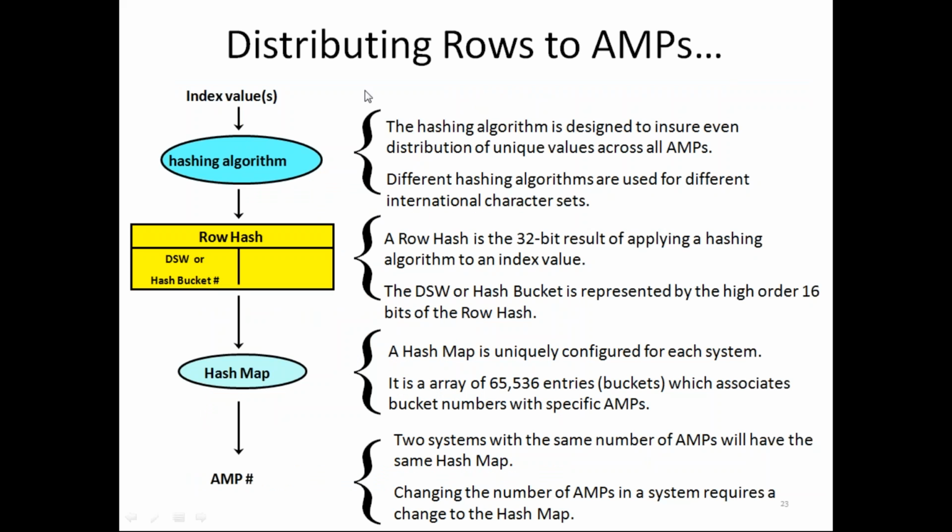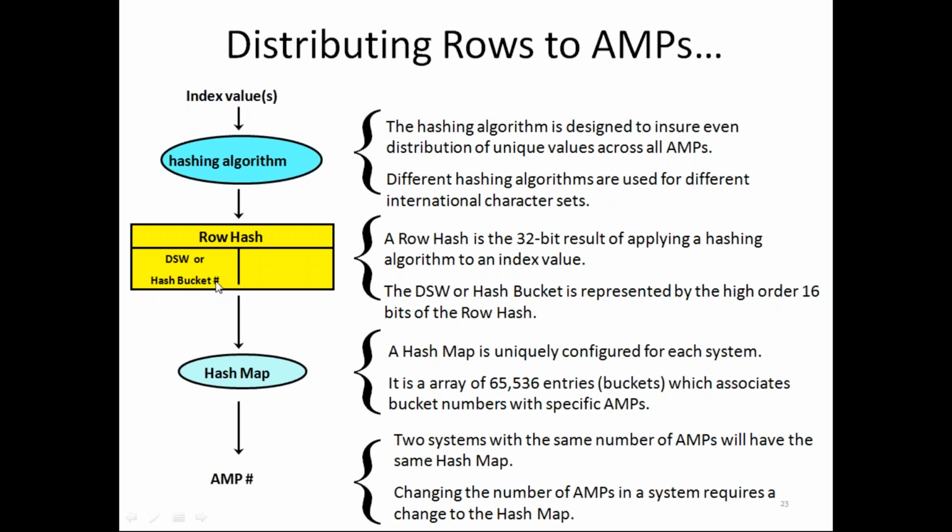Let us see the flow here again. The index value is given as input to the hash algorithm, and the hash algorithm generates a row hash value of 32 bits, and the first order 16 bits are called the hash bucket number.